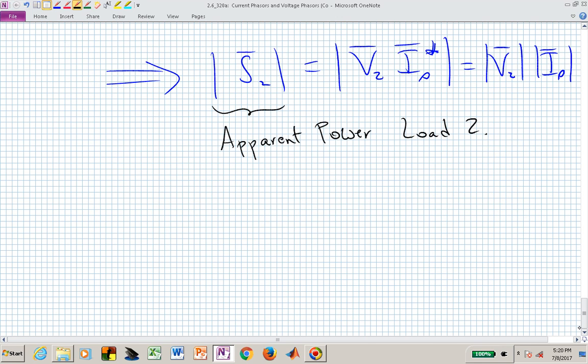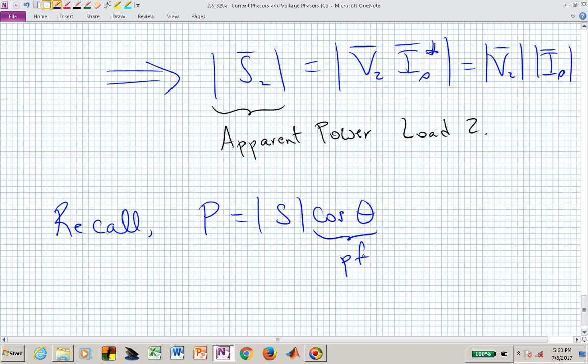And what I'm wanting to do now is start thinking in terms of triangles. If I have the apparent power and I have the real power, I have the hypotenuse and I have the horizontal. Oh, that allows me now to find the angle between them. So P sub 2, well, just in general, remember what our real power formula looks like? That's the apparent power times the cosine of theta, where the cosine of theta is just the power factor.